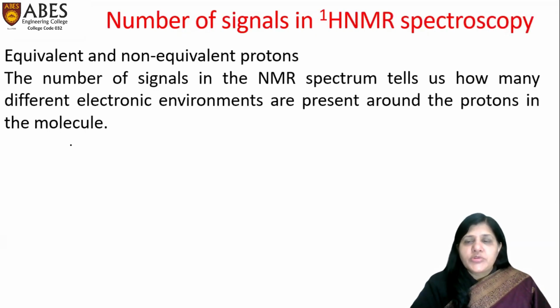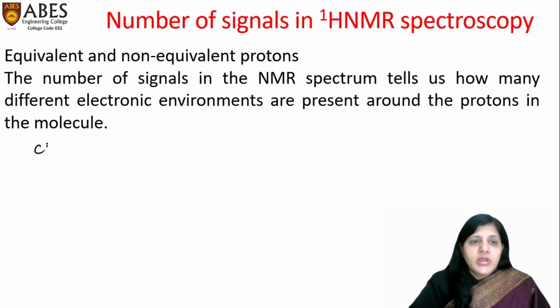Number of signals in proton NMR spectroscopy: equivalent and non-equivalent protons. This differentiation of equivalent and non-equivalent protons depends upon the different electronic environment present around the protons in the molecule.